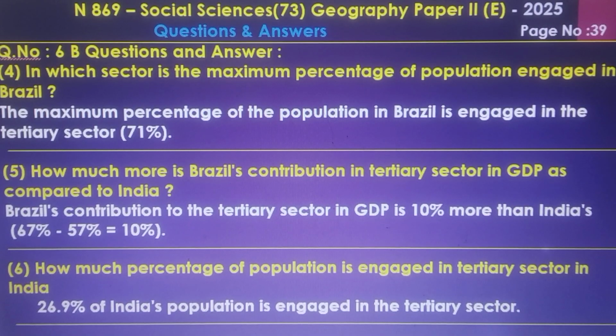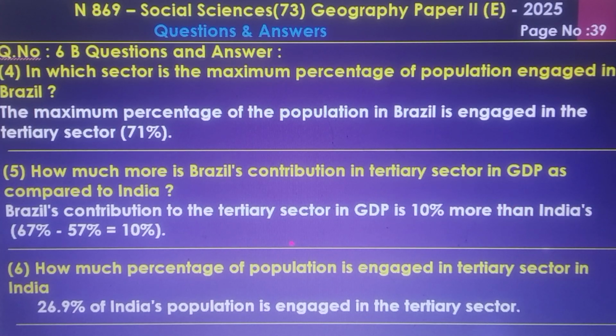And question number 4, in which sector is the maximum percentage of population engaged in Brazil? The maximum percentage of the population in Brazil is engaged in the tertiary sector, 71%. And question number 5, how much more is Brazil's contribution in the tertiary sector in GDP as compared to India?